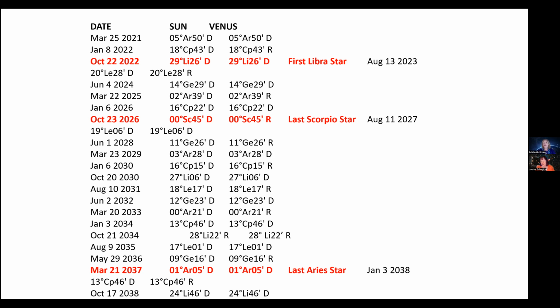Yeah. And I think that's a really important one, because she appears as a morning star after the interior conjunction when she's retrograde, pretty immediately after the Cazimi, 6 to 8 days. This year I think it was 10 days.